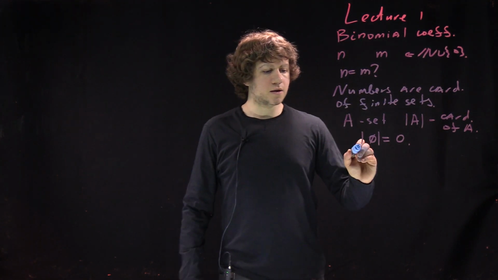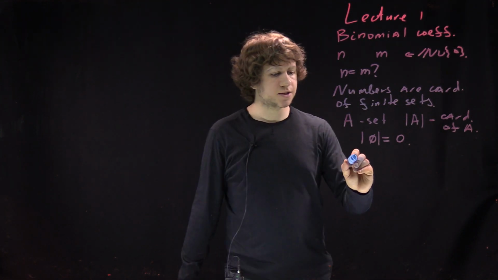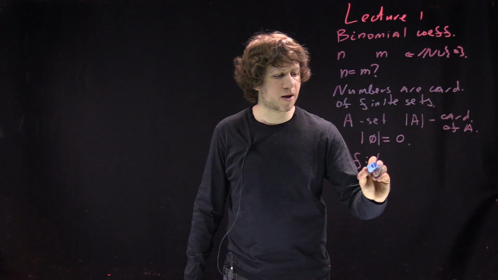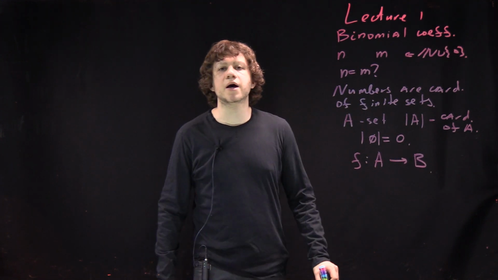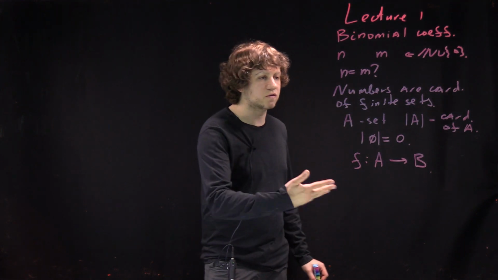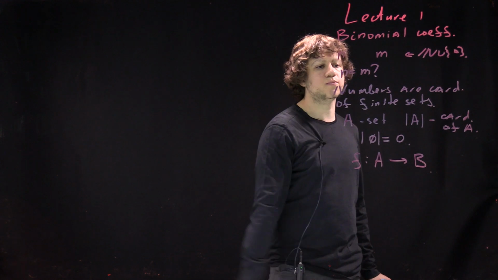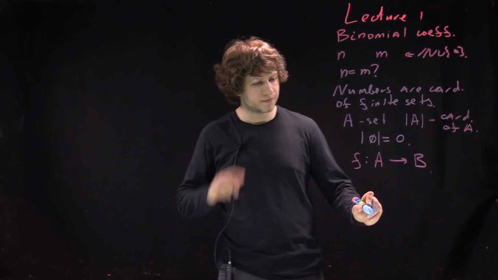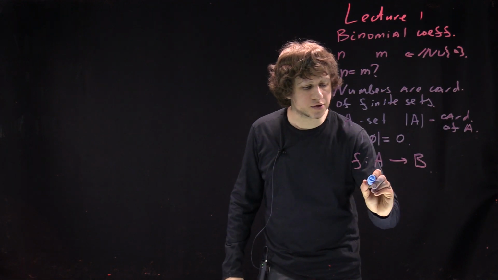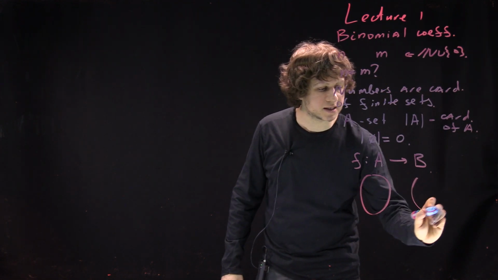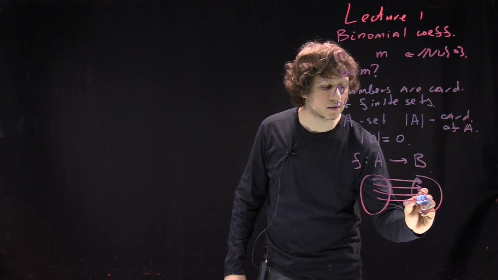So then, between sets, there is a notion of a map between sets. So there is a notion of a map from a set to another set. And there are a few different special kinds of maps, and when such maps exist, then there are important relations between cardinalities. So let me remind you. When you just have a map, it means you have a set, and you know where each element of the first set goes.